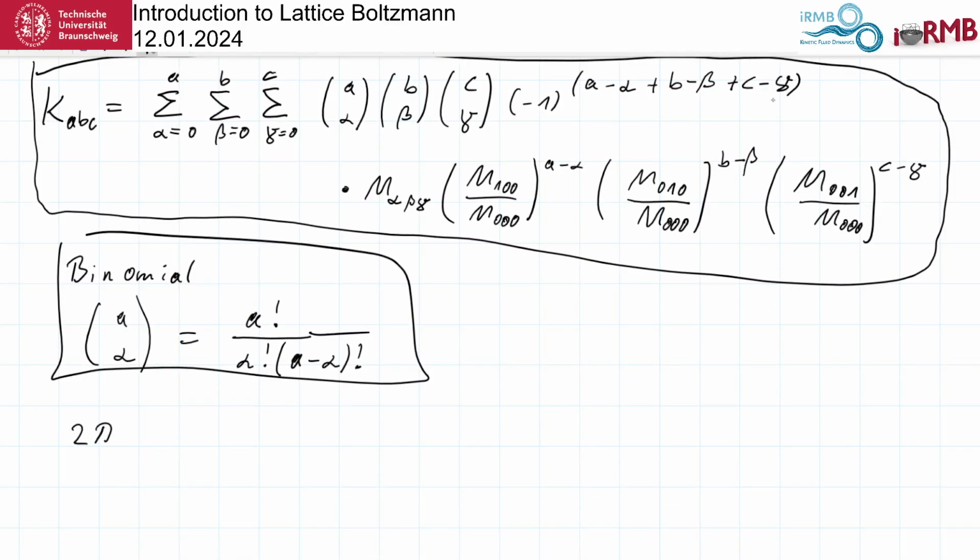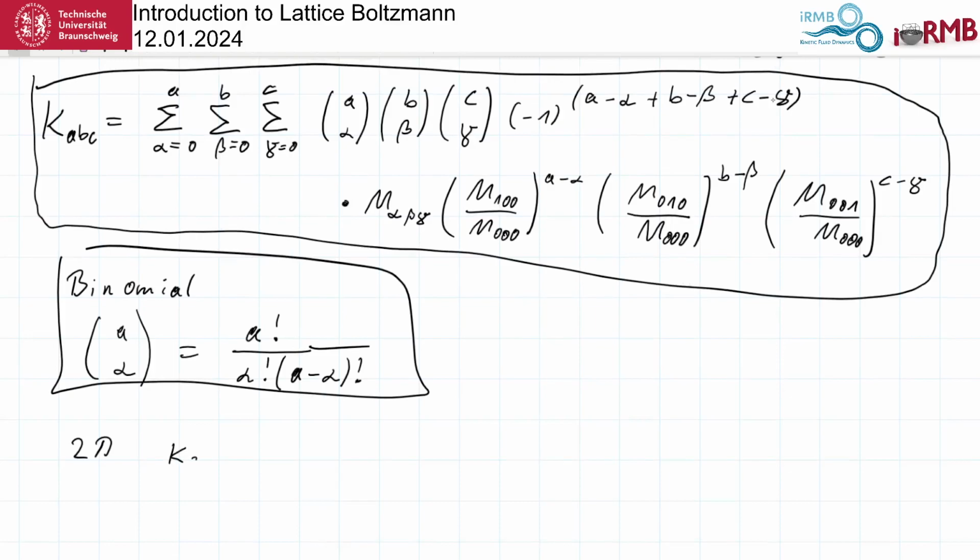Examples in 2D. In 2D, we can leave one of them out, for example, the z direction. Then we get K20. If we plug this into the equation, we get that this is M20 minus M10 squared by M00. M10 is, of course, the momentum in x direction, and M00 is the density.